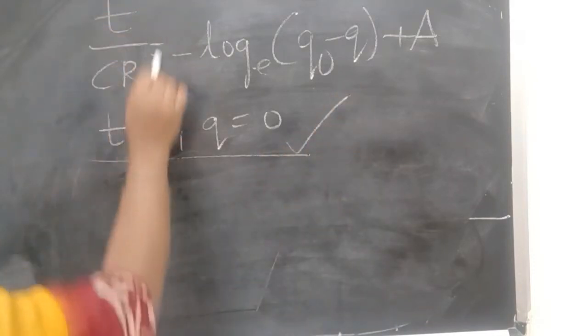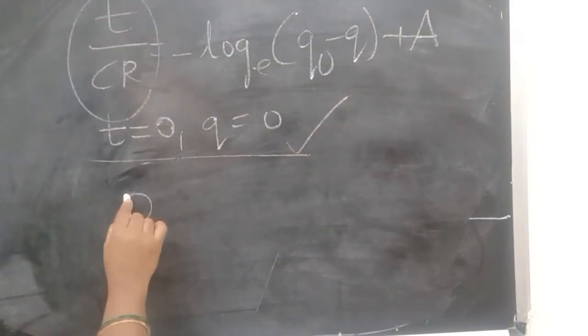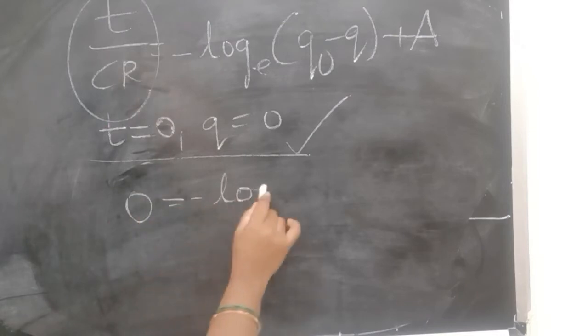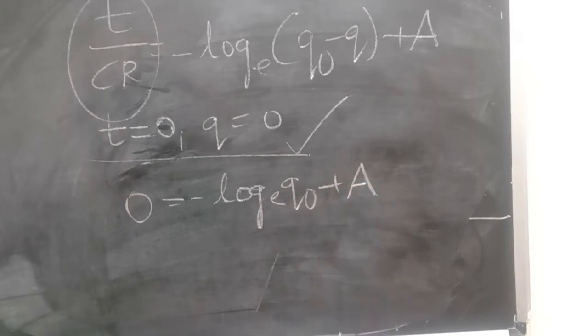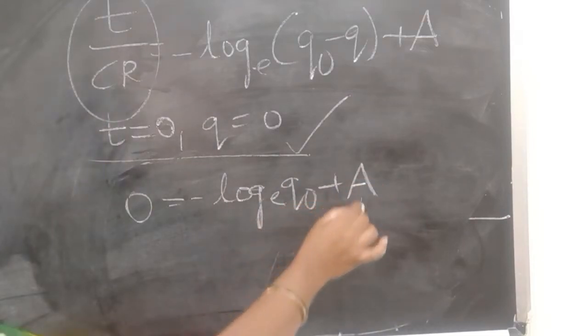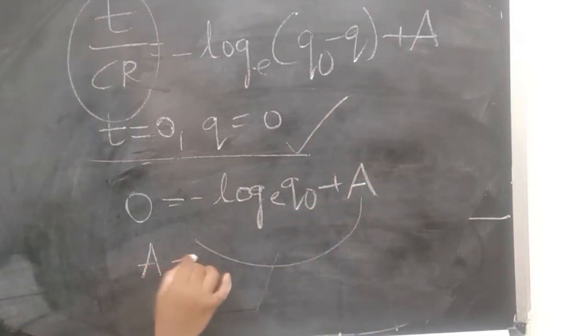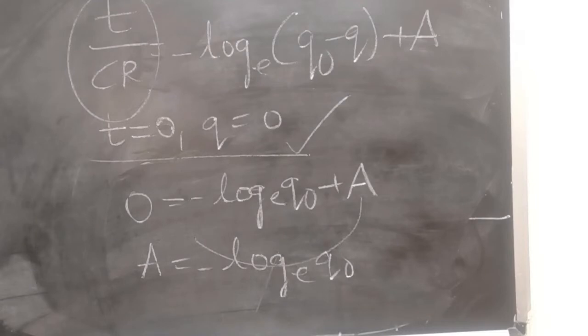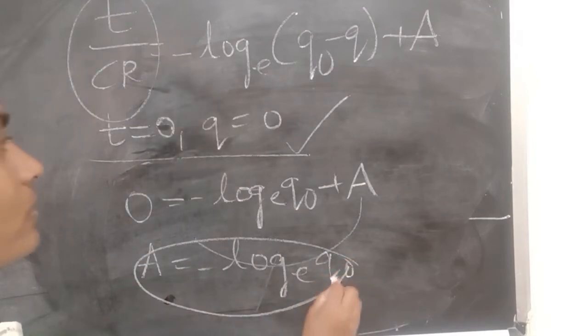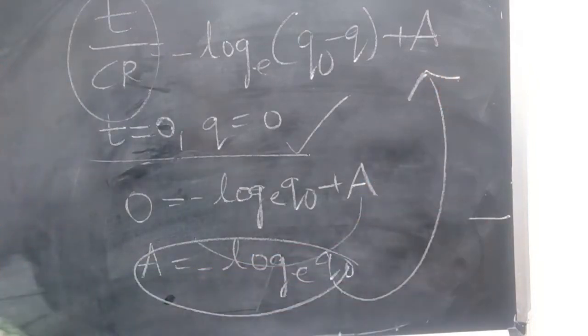So this factor becomes 0, equal to minus log Q naught plus A. So A is equal to log Q naught. So now I took the value of A.